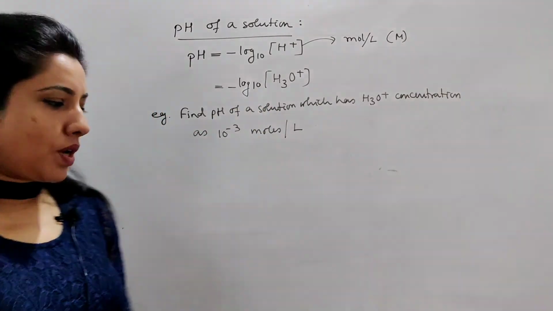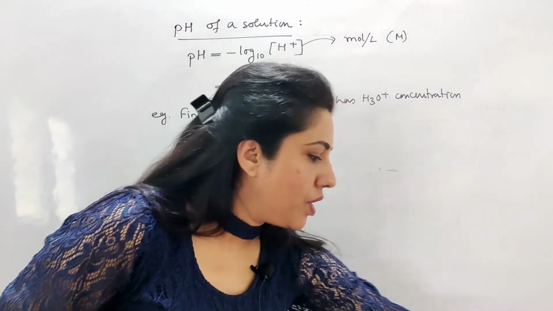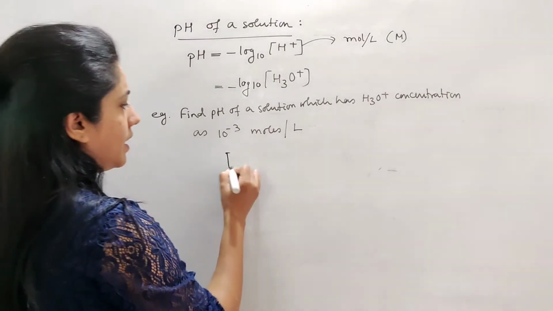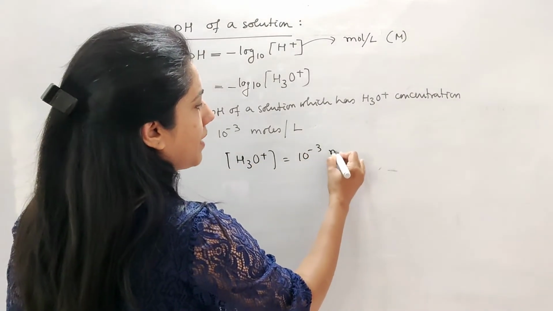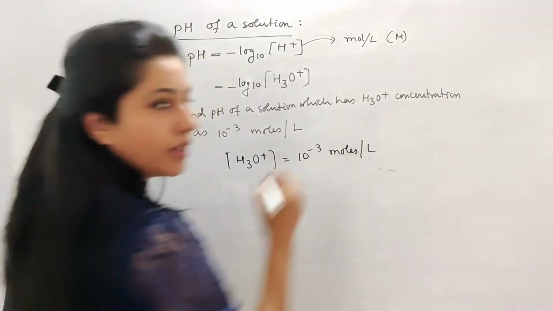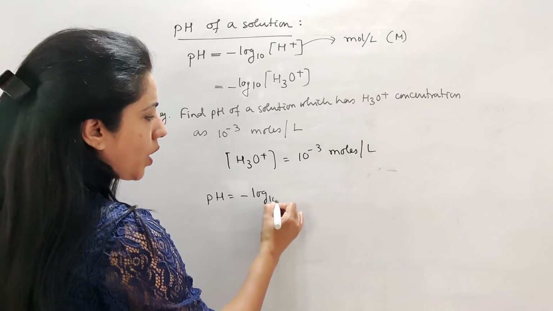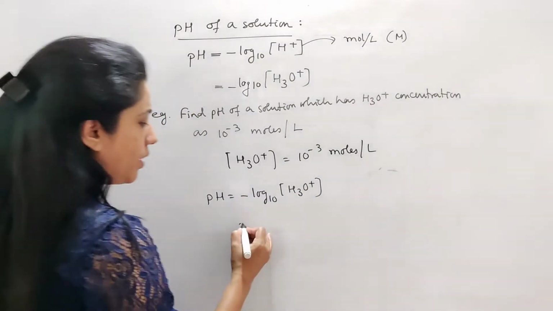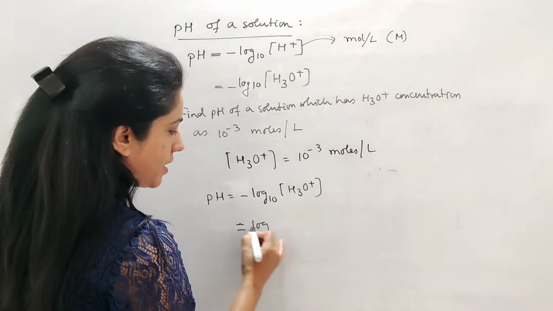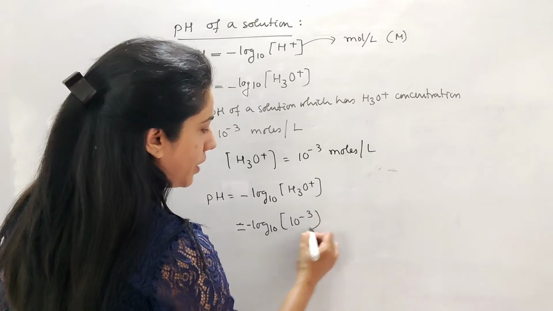So the H3O plus concentration is given to us, and we have to find the pH of the solution. pH is equal to minus logarithm of H3O plus concentration. Put the value of H3O plus concentration, that is minus logarithm of 10 raised to power minus 3.